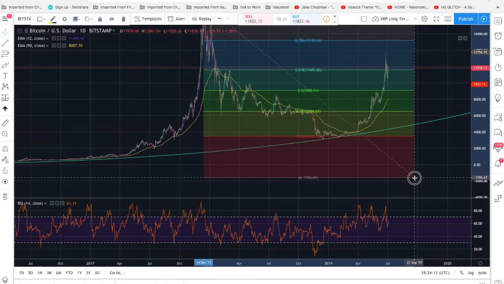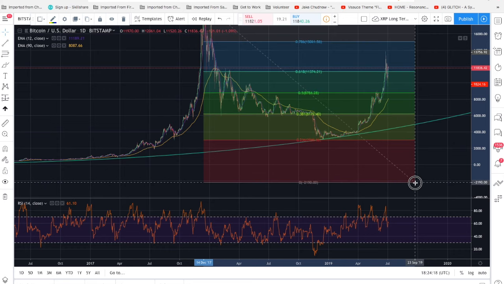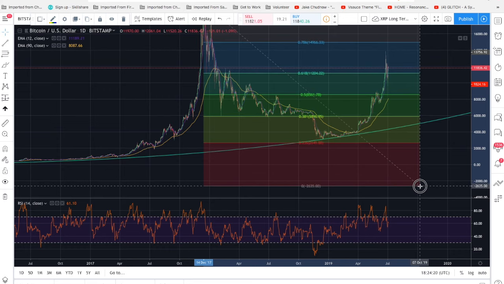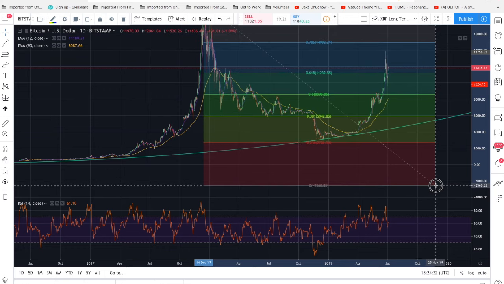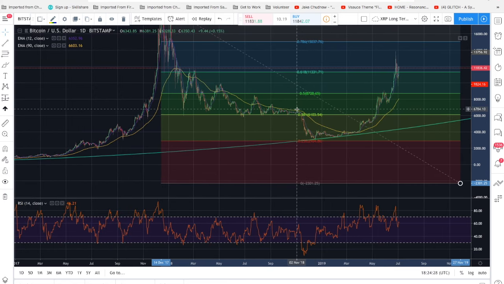But I noticed that if you took the 3.8 here and put that on the bottom, roughly the bottom, about 6K, you'll look at this 0.23 level and realize that it is very close to the bottom that actually came in, which right here is just below 3,000, and obviously we all know that the bottom tentatively was 3,200.